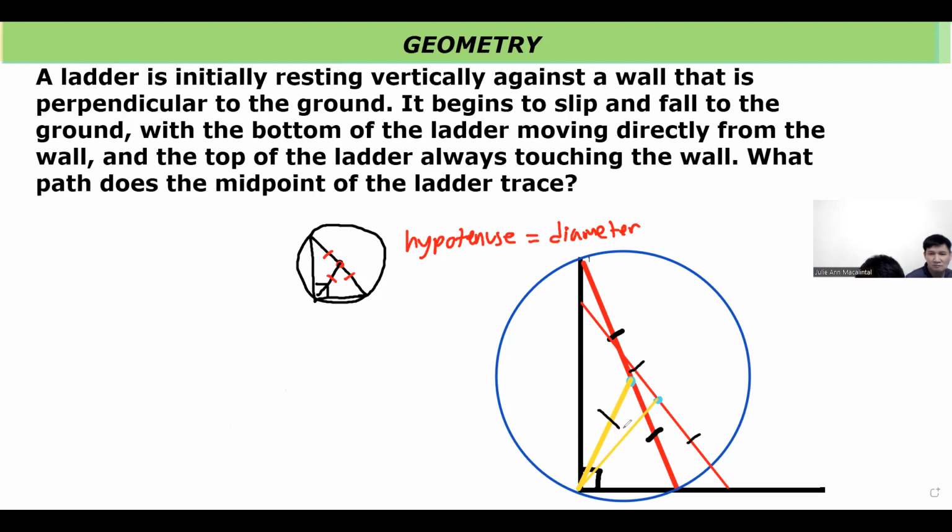Since the yellow segment length is equal to half of the ladder's length, and the ladder's length hasn't changed, this yellow segment is also equal to half of the ladder's length. If we keep going on, etc.